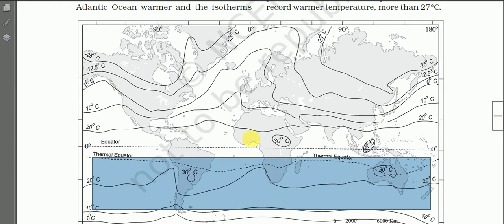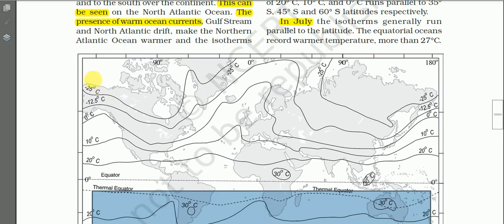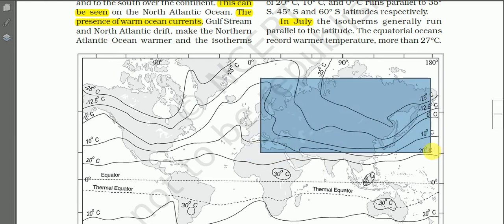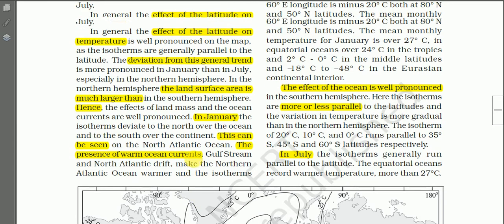When we compare the land area, we find more land. See here we have North America, Greenland, Northern Africa, Europe and Asia. So we find more land area in the northern hemisphere as compared to the southern hemisphere. That is the point mentioned here.